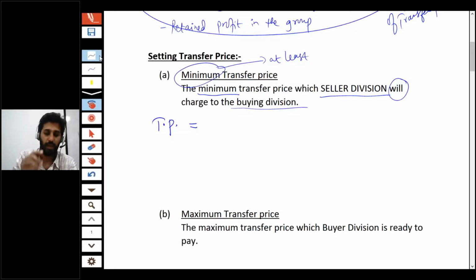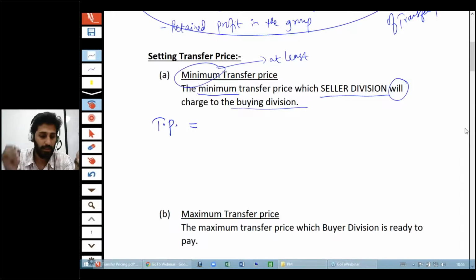That is TP. Let's say for example there is a seller division and there is some cost which is known as relevant cost to transfer.